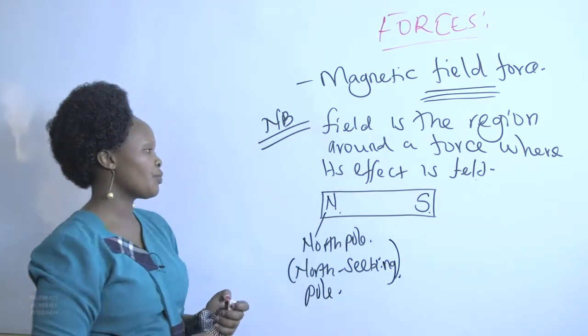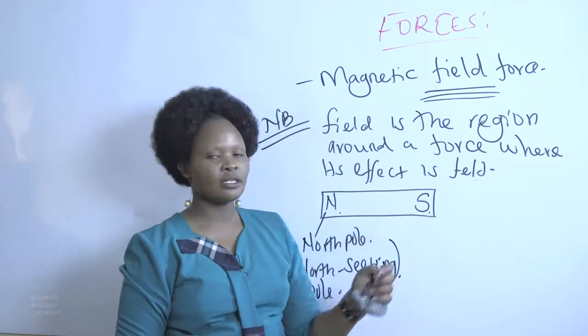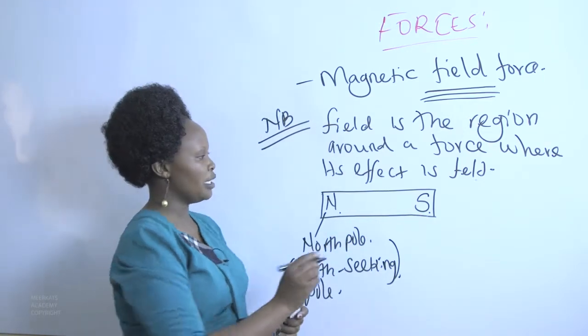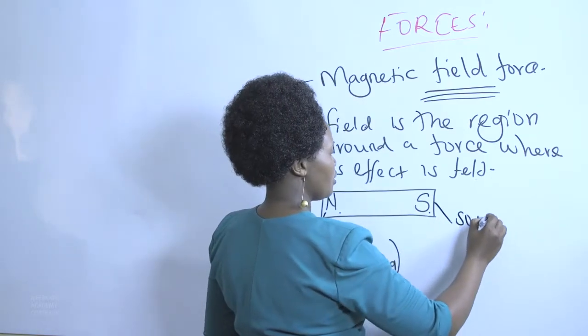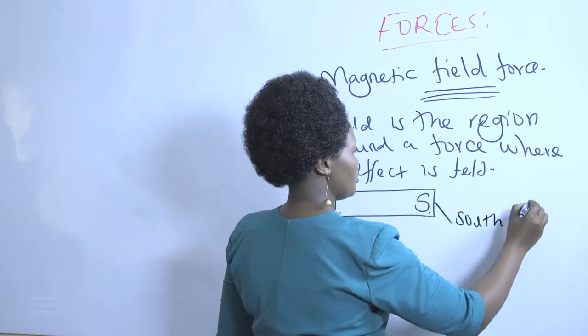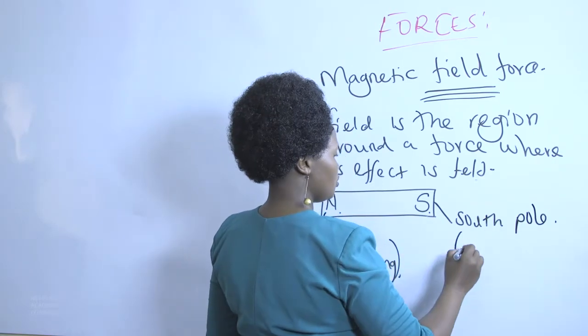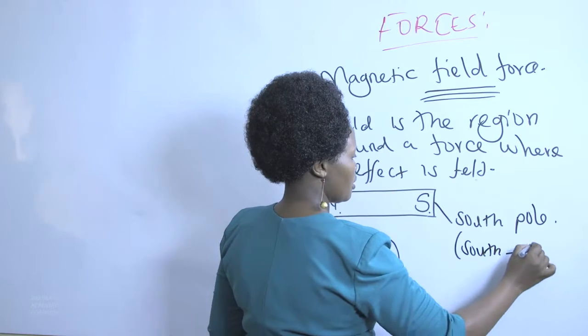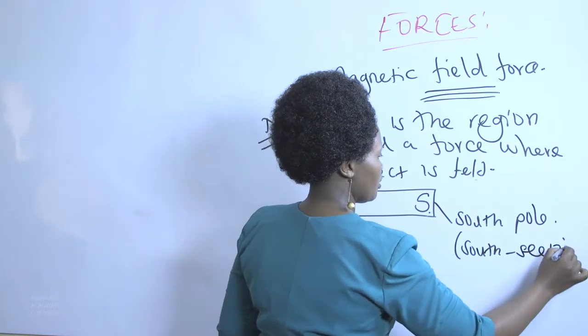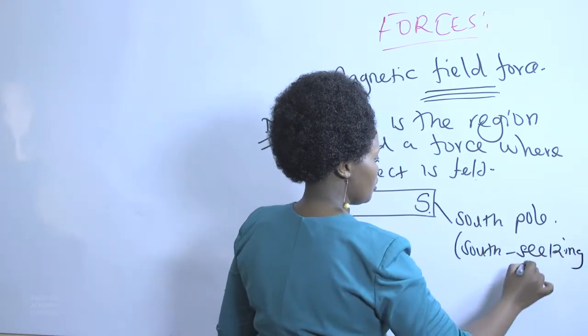Now, the other side that is indicated S is actually the South Pole, or what we would call the South Seeking Pole.